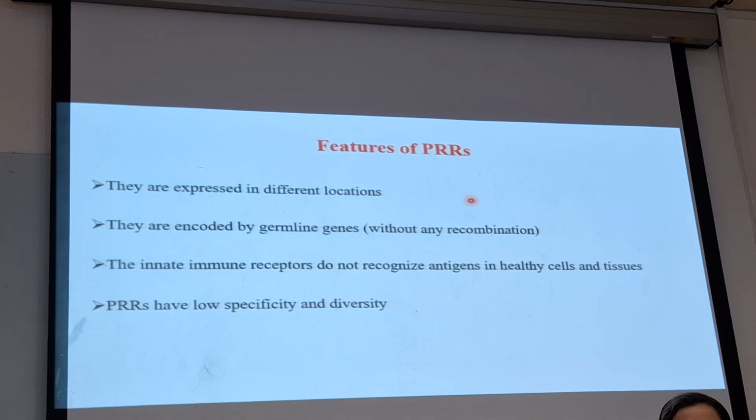And what about the features of PAM recognition receptors? In the adaptive immune system, we have TCR and BCR. BCR means B cell receptor, TCR means T cell receptor, and they are specific.